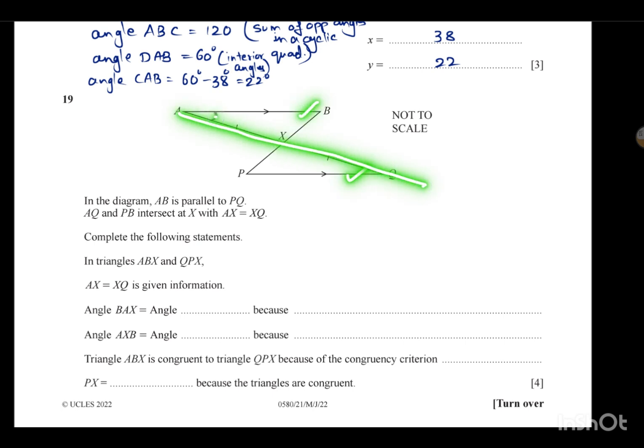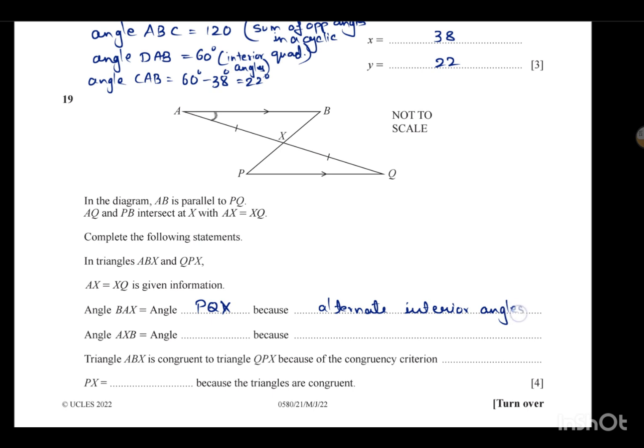So this angle will be equal to angle PQX. Why? Because they are alternate interior angles of two parallel lines.